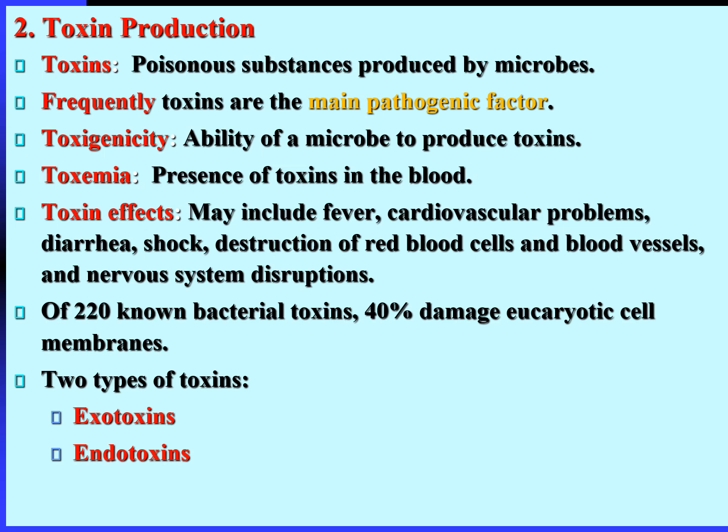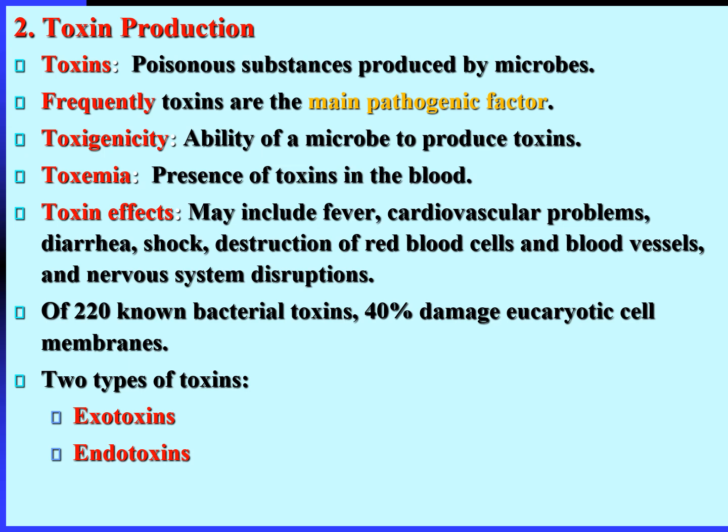Toxemia: the presence of toxin in the blood is called toxemia. Toxin effects may include fever, cardiovascular problems, diarrhea, shock, destruction of RBC and blood vessels, and nervous system disruption. Of 220 known bacterial toxins, 40% damage the eukaryotic cell membrane.